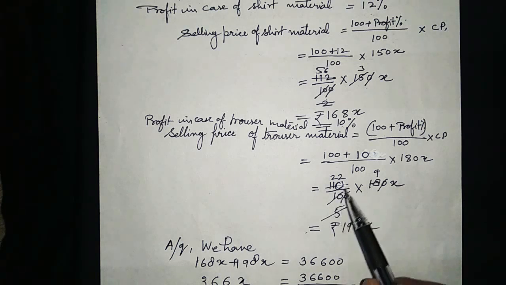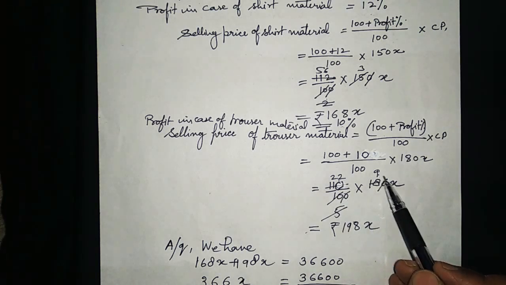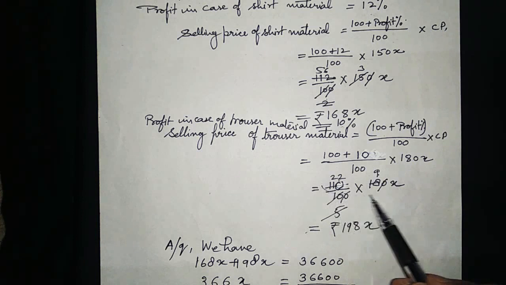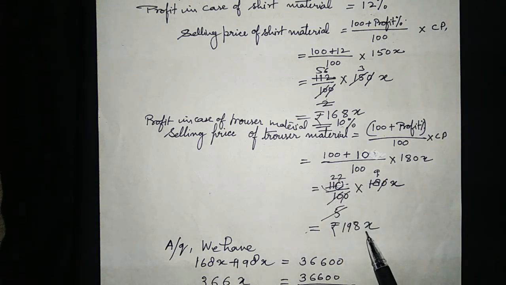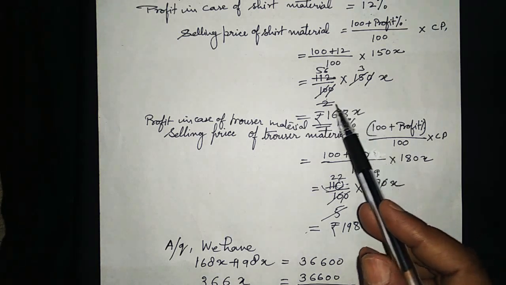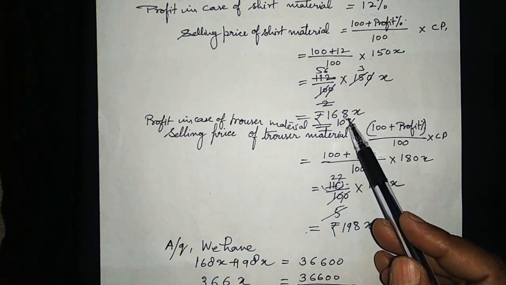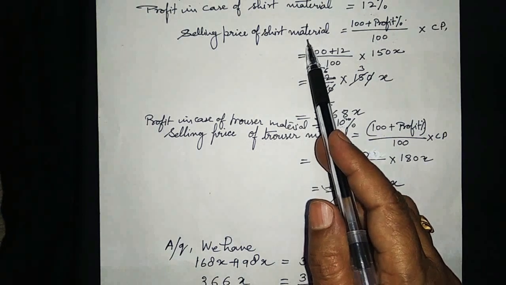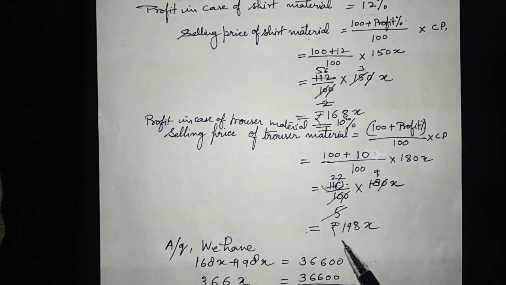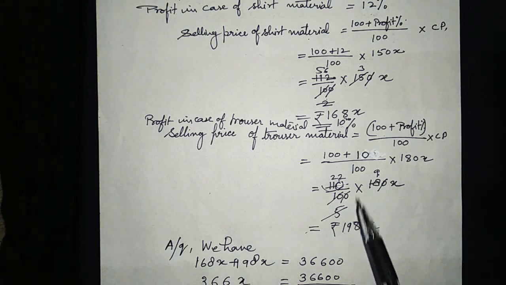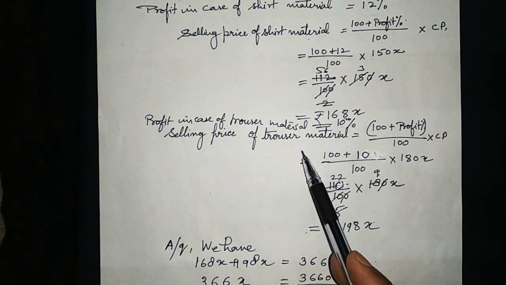Now we will multiply 22 into 9x, and after multiplication, we get rupees 198x. Here 168x we have calculated for shirt material and rupees 198x we have calculated for trouser material.